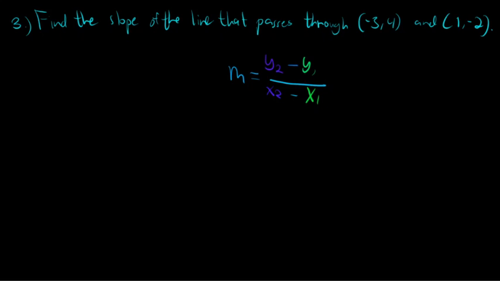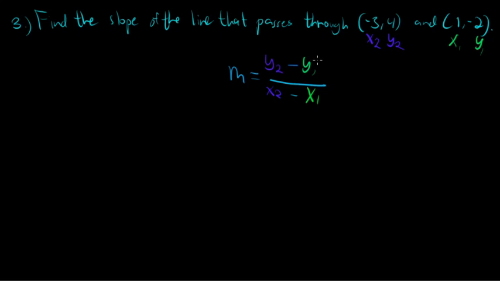Now let's label our points. This time let's call (1, -2) our first point, which means 1 is our x sub 1 and -2 is our y sub 1. On the other hand, (-3, 4) will be our second point, which means -3 is our x sub 2 and positive 4 right here is our y sub 2. We're done labeling.